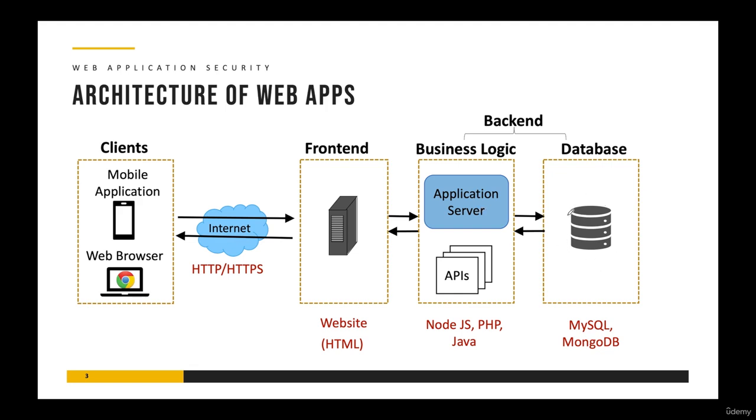So this is the third layer. And we don't want the clients to directly access the database. Client requests have to pass through the front end, the business logic, and then they reach the database. It is in fact the business logic layer which makes the calls to the database layer to fetch data or to update records. Now there are different technologies available for databases. You can use MySQL, MongoDB, and there are several others.